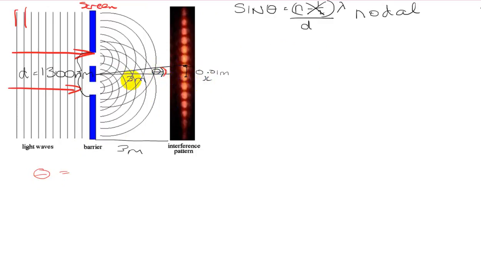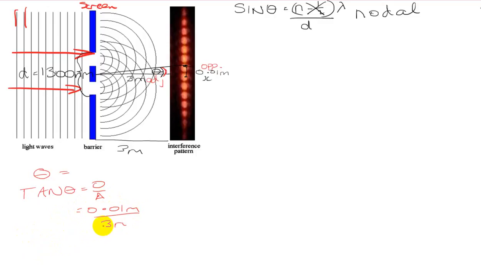Well, we've got this side here, which is our adjacent side. We've got this one over here, which is the opposite side. And if we go back and look at a bit of trig, we know that the tan of theta is equal to the opposite over adjacent. In this case, the opposite side is 0.01 meters divided by the adjacent side, which is 3 meters.